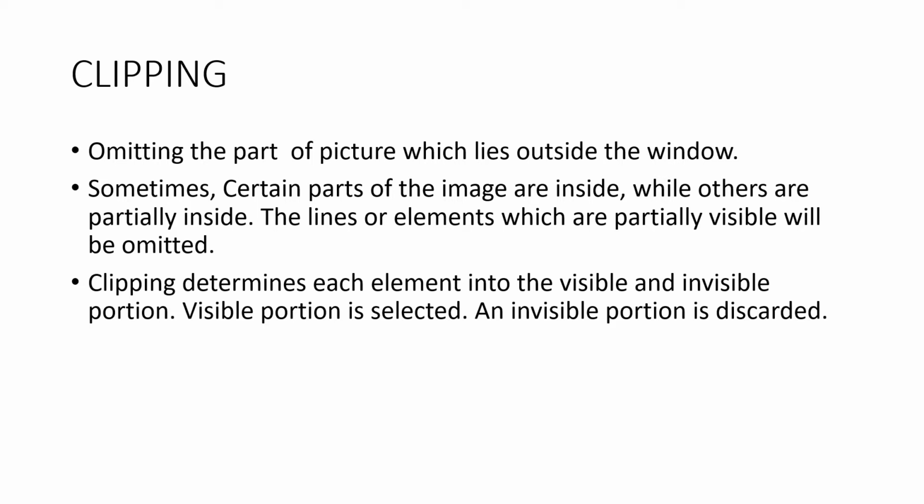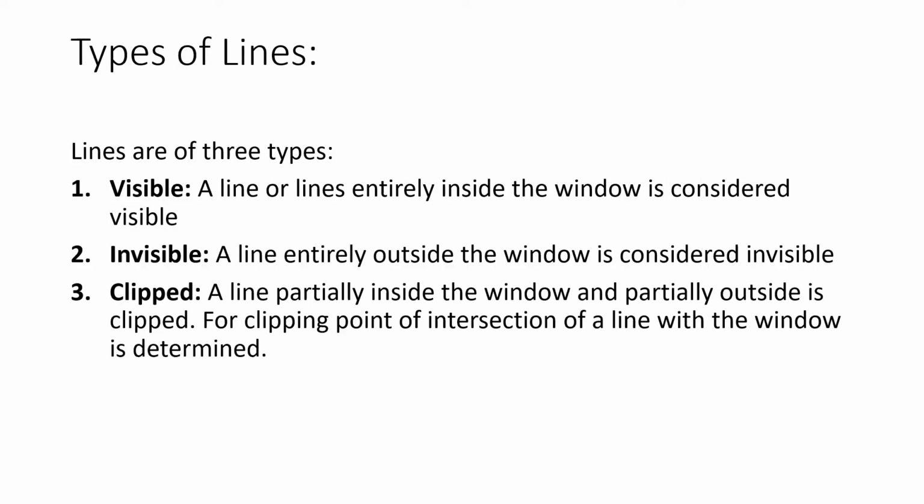Some objects can be partially inside or partially outside. So clipping gives us complete information about whether an object is visible or invisible, whether it is to be taken in the image or discarded.